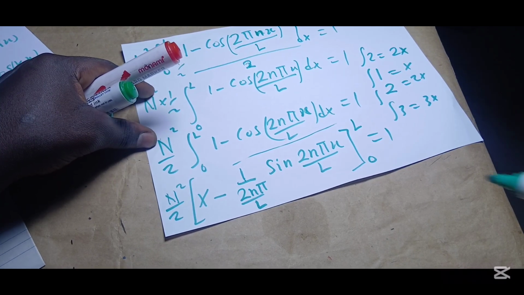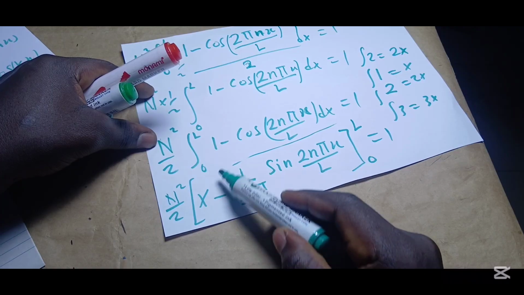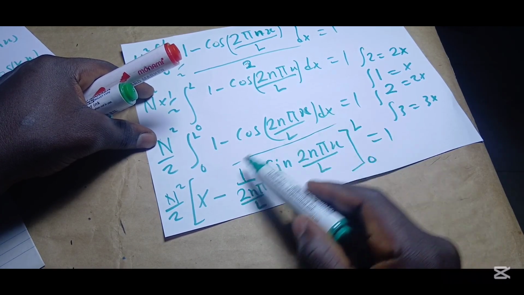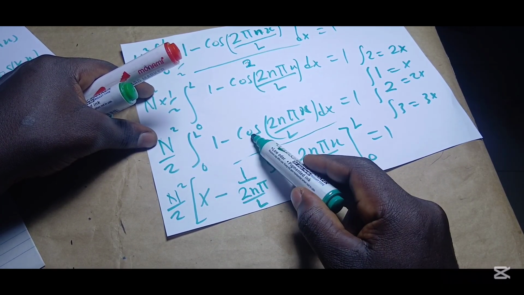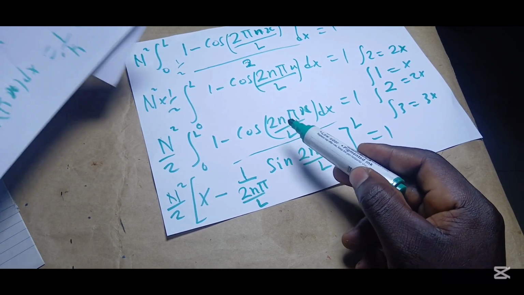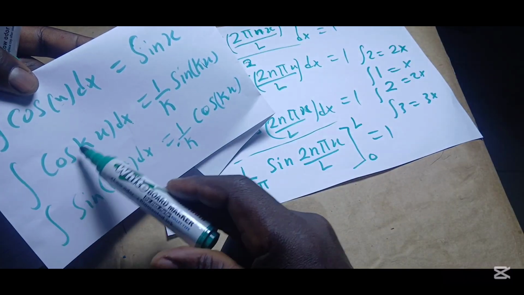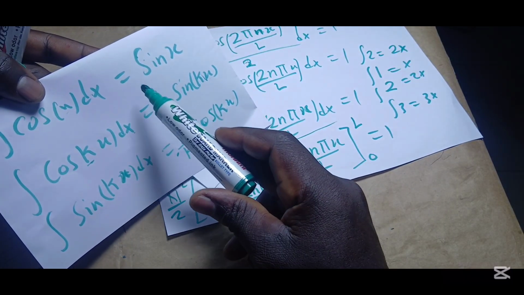So what we just did is that we are integrating a constant 1 with respect to x, and we get x. So integrating cos 2n pi x over L: if we have cos x, integrating it gives sine x. But for cos kx, integrating it gives us 1 over k.